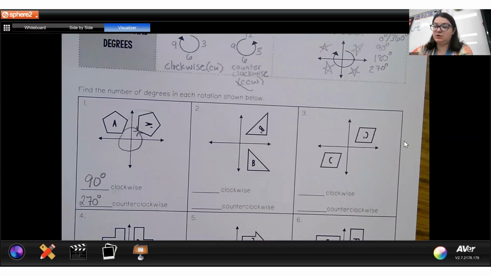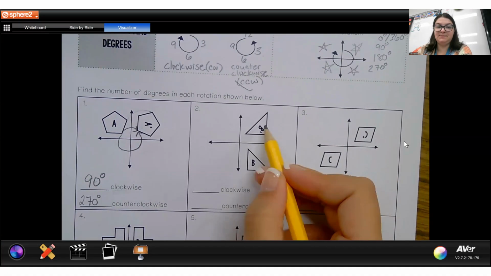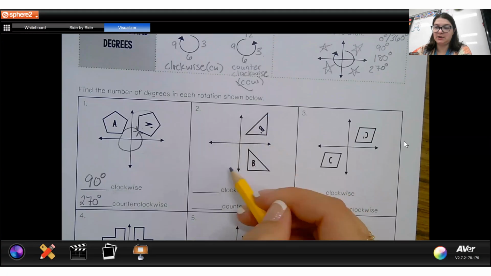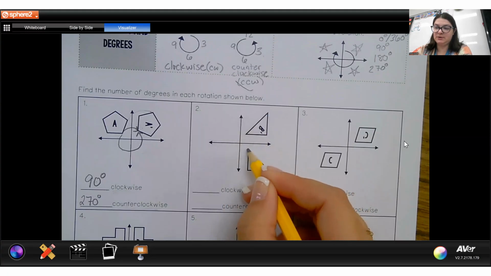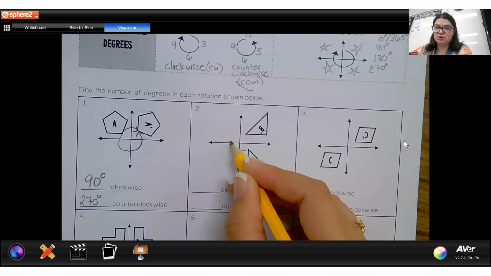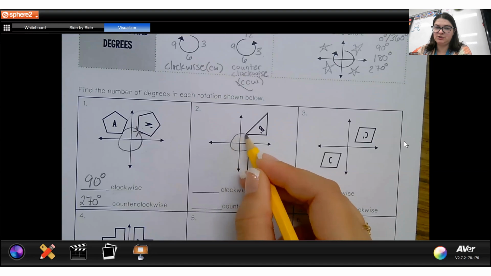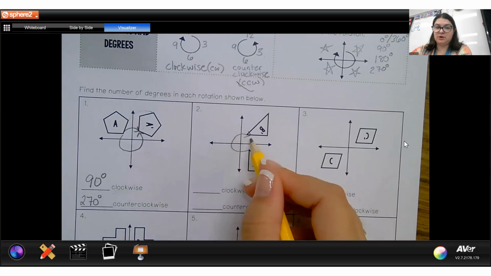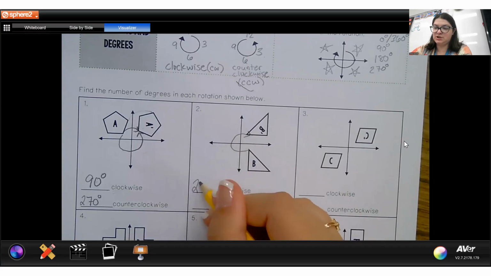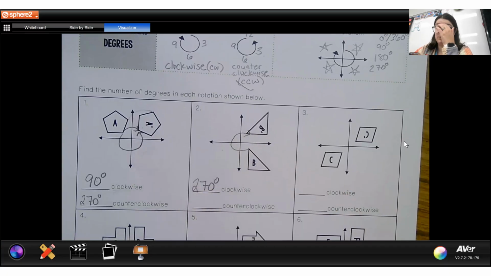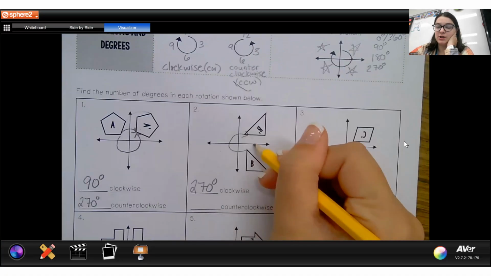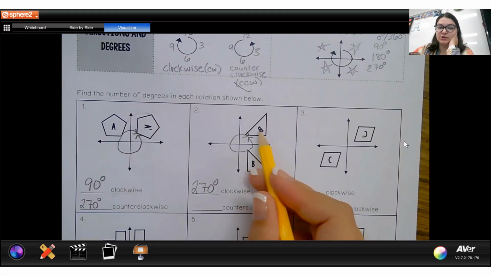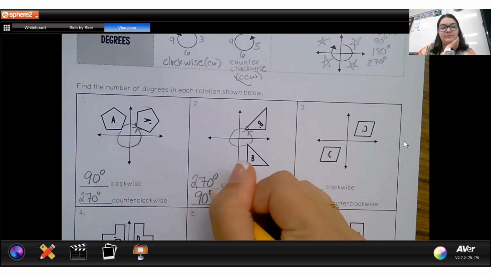Okay, number 2, from B to B prime. If I'm going clockwise, I'm going in the direction that a clock goes. So if I look at this point, I'm going over one quadrant, two quadrants, into the third quadrant. And so going over three different quadrants is 270 degrees. If I was to just go counterclockwise, it's just over to the next quadrant, so that is 90 degrees.